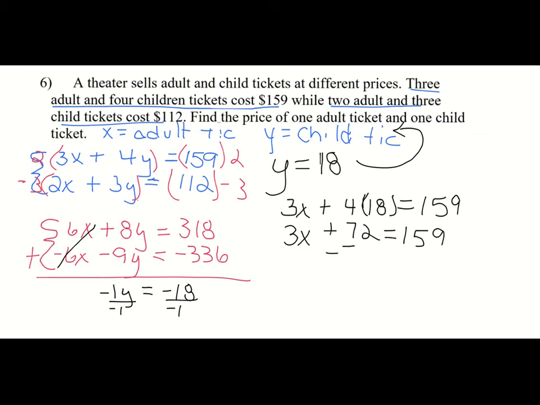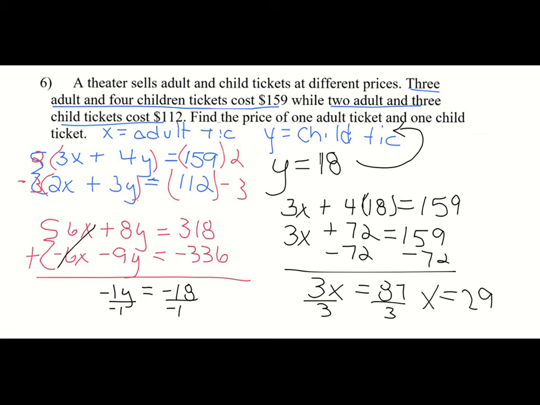And then subtract 72 from both sides. So we get 3x equals 87. Divide by 3, and x is 29. So it's $29 for an adult ticket and $18 for a child's ticket. So again, if we wrote it as an ordered pair, we do 29, 18, and there we go.